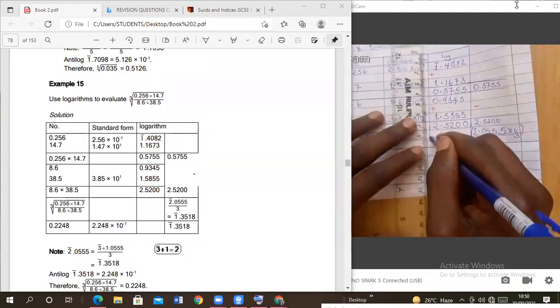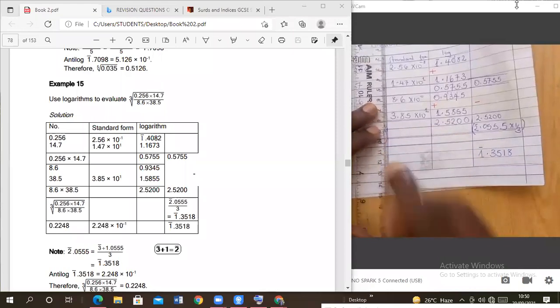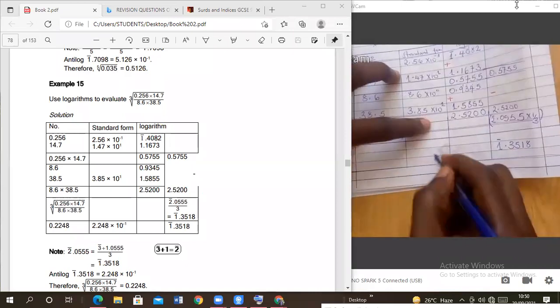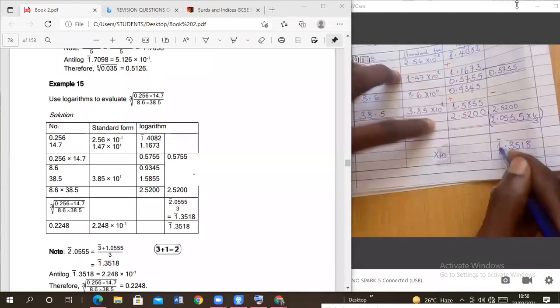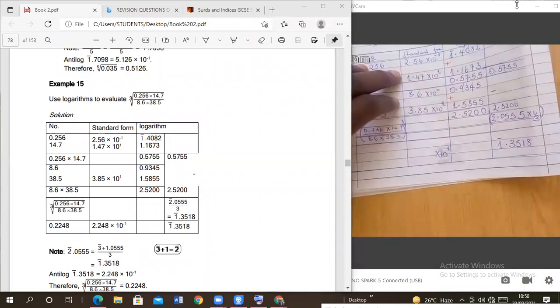Now what do we need here? We need to start moving backward. We get the antilog. So we come here. This one is the same as times 10 to the power of the characteristic, which is -1. Are you seeing that, members? Yes.